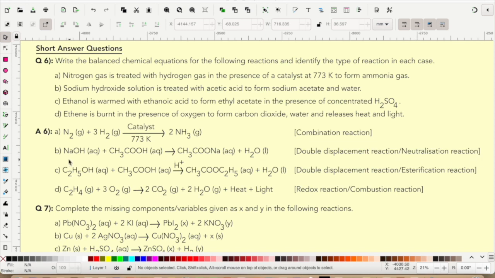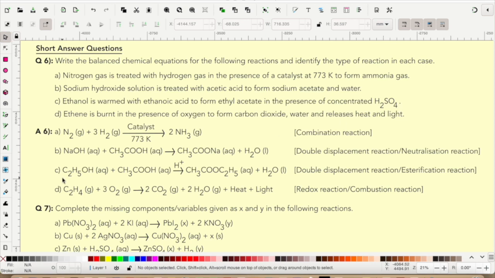As we know, in neutralization reaction, one acid reacts with one base to make salt and water, and this is the case here. Acid CH3COOH reacts with base NaOH to make salt CH3COONa plus water H2O. Third reaction, ethanol is combined with ethanoic acid to form ethyl acetate in the presence of concentrated H2SO4.